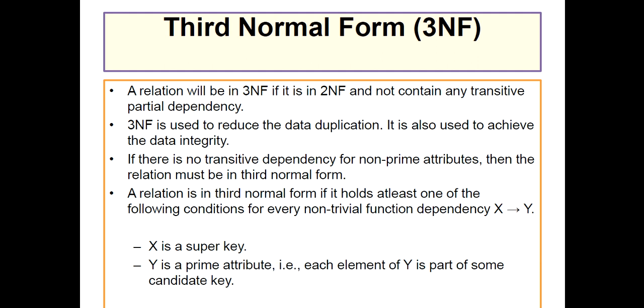So if there is a functional dependency like X implies Y, then it is in third normal form if X is a super key or Y is a prime attribute, or both. At least one of them should hold. And I'm talking about one functional dependency. Suppose we have three functional dependencies, then all of them should satisfy these conditions. Only then can I say that the whole relation is in third normal form. Do remember that X should be either a super key or Y should be a prime attribute.